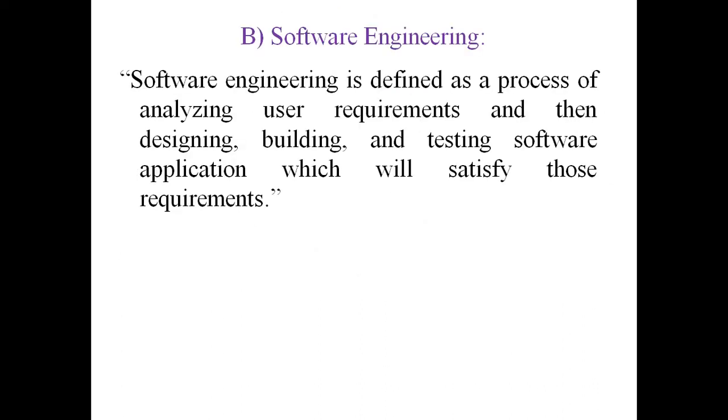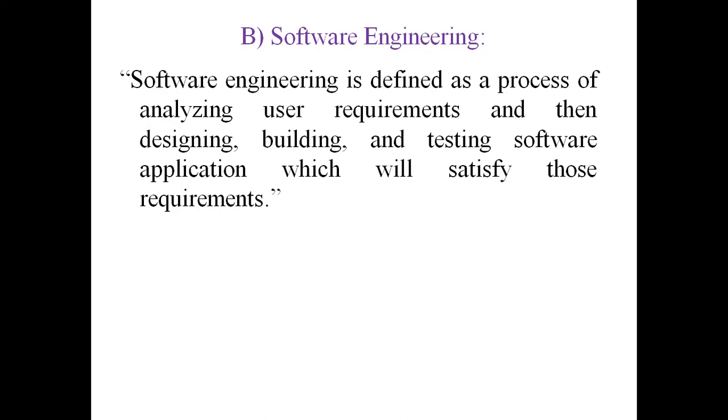Next is, what is actual software engineering? Software engineering is defined as the process of analyzing user requirements and then designing, building, and testing a software application which will satisfy those requirements. While developing any software or any application, the main goal or the main aim is nothing but the customer.